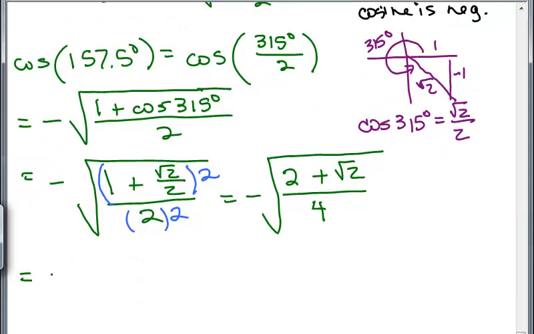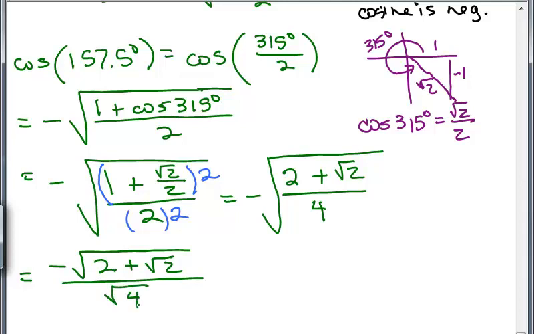So now that gives us still the negative sign, and you could put it right in front of the numerator or you could put it in front of the fraction part, but I've got the square root of the numerator means the square root of 2 plus square root of 2, and the denominator is square root of 4. Okay, so the numerator, you can't do anything more with that. You have a square root inside of a square root.